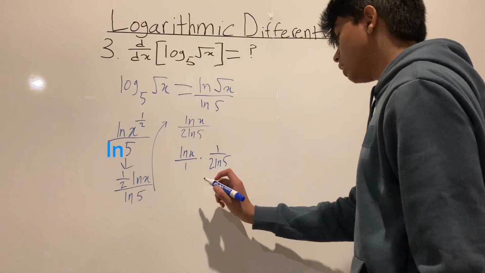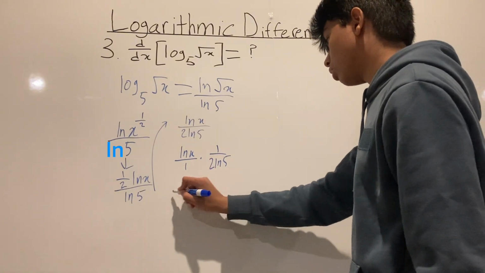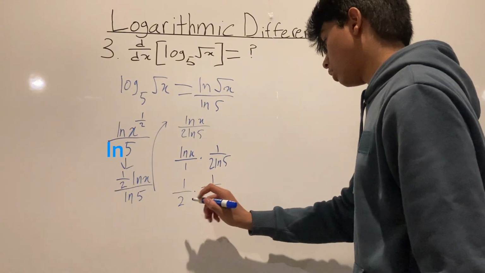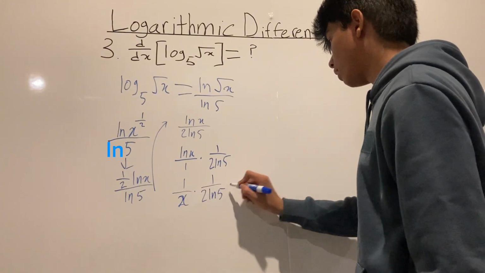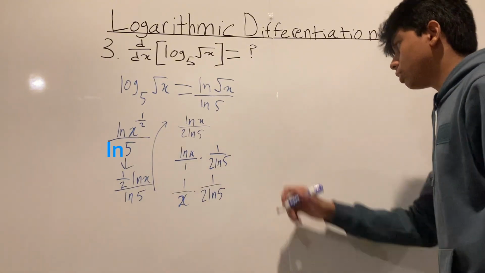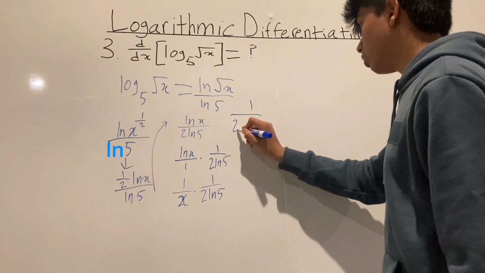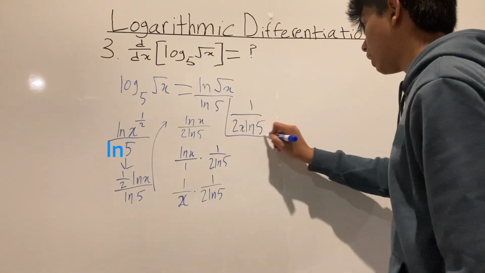And obviously, the derivative of ln x is 1 over x. So 1 over x times 1 over 2 ln 5. Now we just multiply the two together and we get the final answer as 1 over 2x ln 5. And that's the final answer.